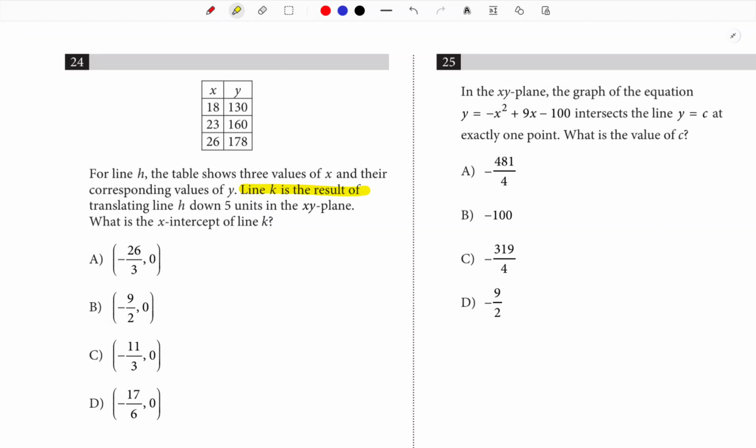So, I write a new table here. What does the new table show us? X is the same, X 18, so 5 units down.